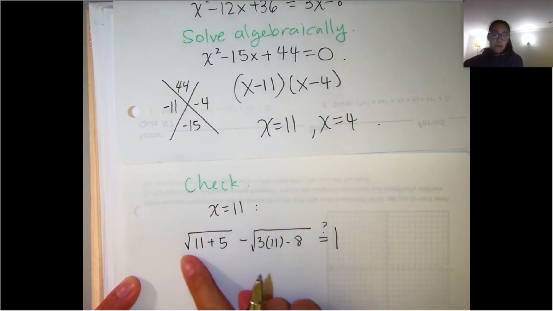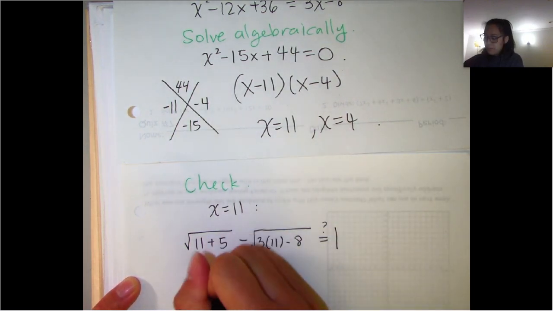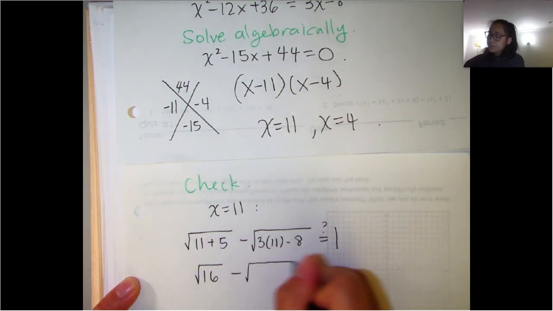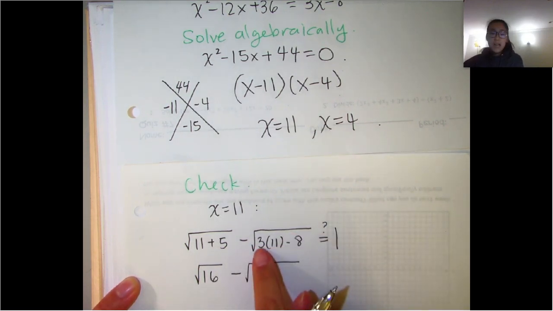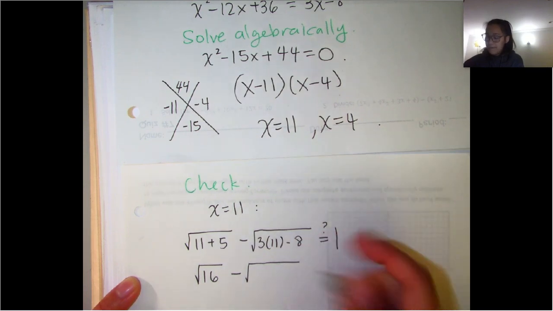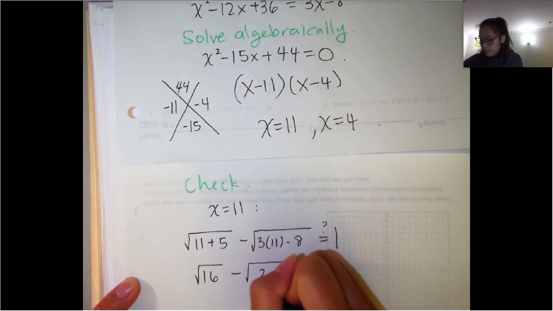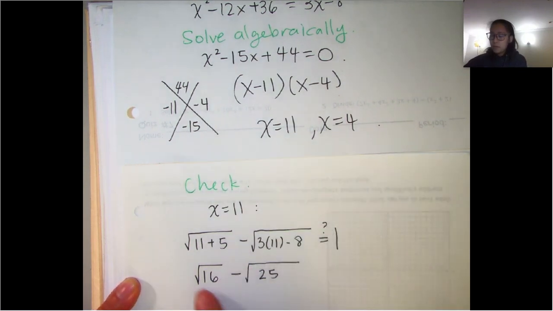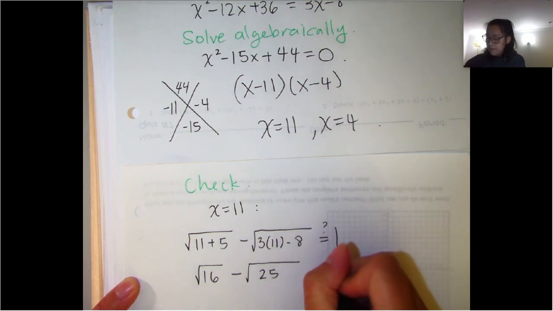So square root of 11 plus 5, that's the square root of 16, minus the square root of, well, 3 times 11, that's 33, minus 8, that's 25. So we have square root of 16 minus square root of 25.